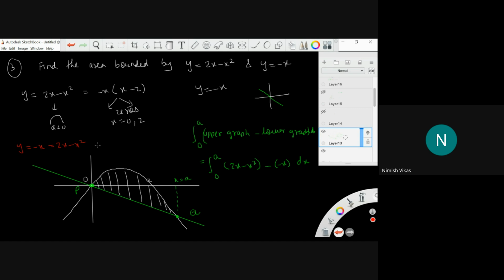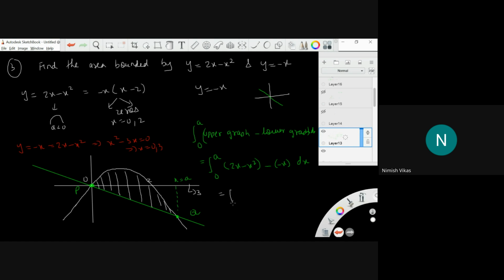These two are solved simultaneously. So we will get x square minus 3x is equal to 0. So it means x is 0 and 3. So this value is 3.